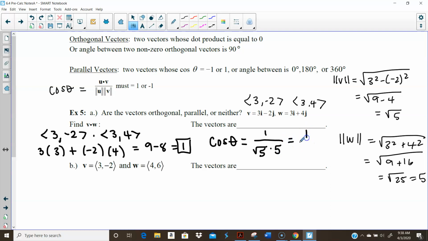And this is going to give me 1 over 5 root 5. I am looking for 1 or -1 in order for this to be parallel.